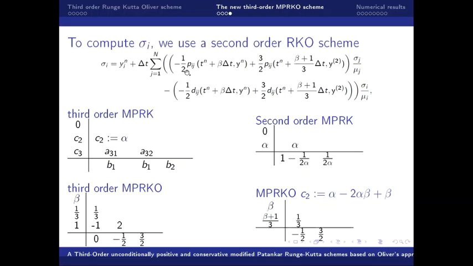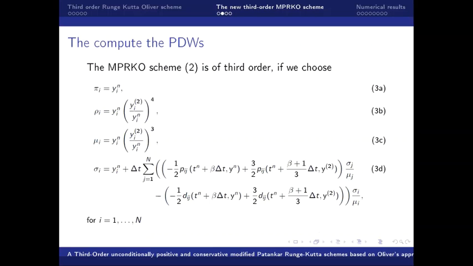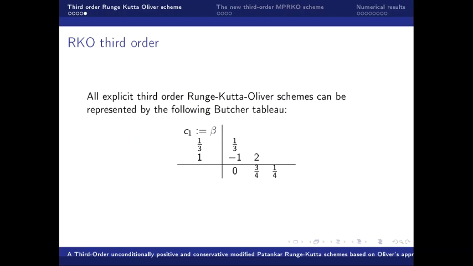Yeah, and just a question, Javier. Now the third order MPRKO scheme is different to the one you have shown us before. Different in the sense that the B values are different. They are not the same. Yeah, because here, if you go back, once, okay, here you have B2 is 3/4 and B3 is 1/4.